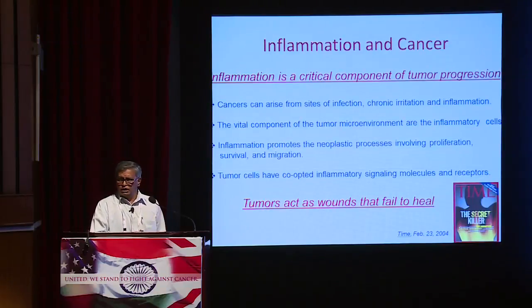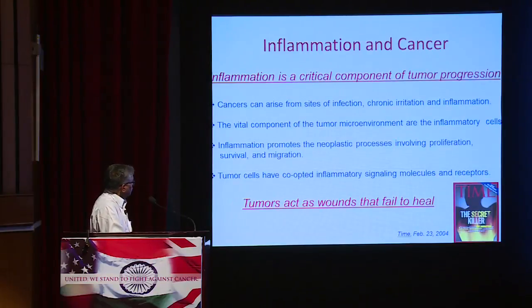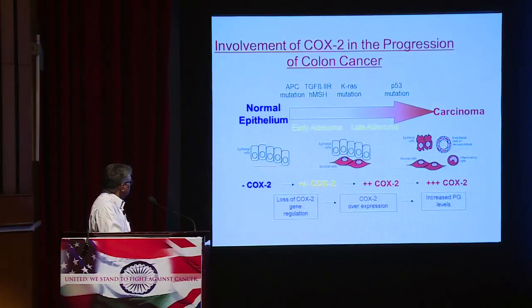So specifically with reference to inflammation and cancer, the Time magazine has clearly indicated the importance of the role of inflammation in promoting a variety of disorders, including the tumor. And if you see, in many of the cancers, there is overexpression of COX-2. As the transformation from the normal epithelium to the carcinoma is taking place, the neoplastic transformation, the COX-2 expression is also going up.